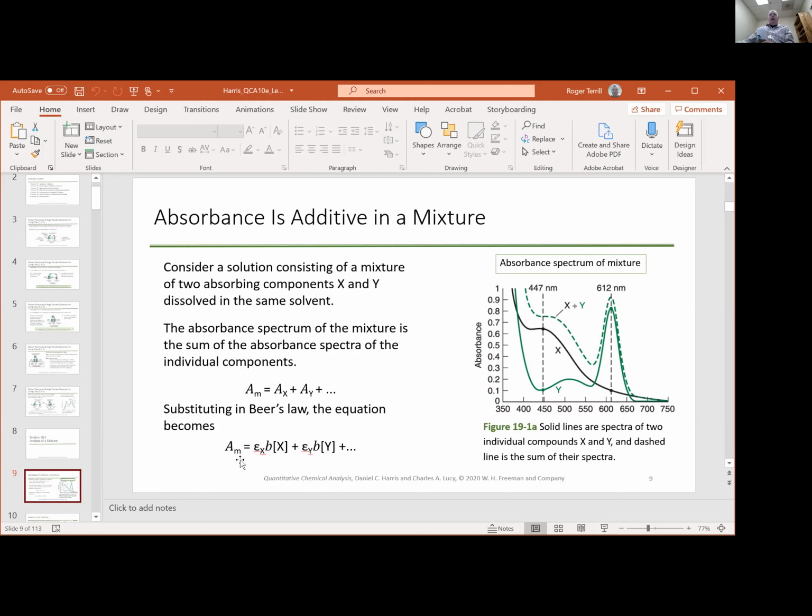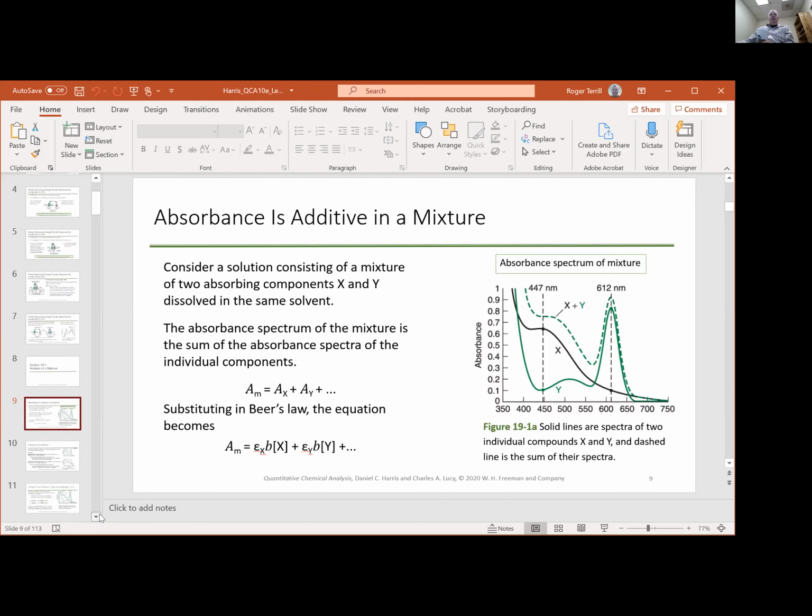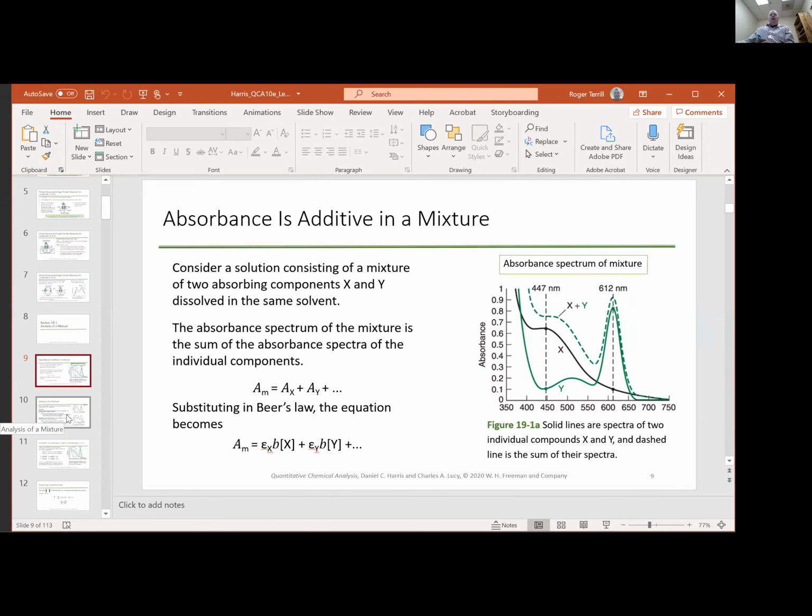And so this encodes the total absorption in terms of some constants and the concentrations of X and Y. And normally what we want to do is back out X and Y, because A is an accessible measurable, epsilons are knowable, and X and Y are the experimental variables normally that we're going after.